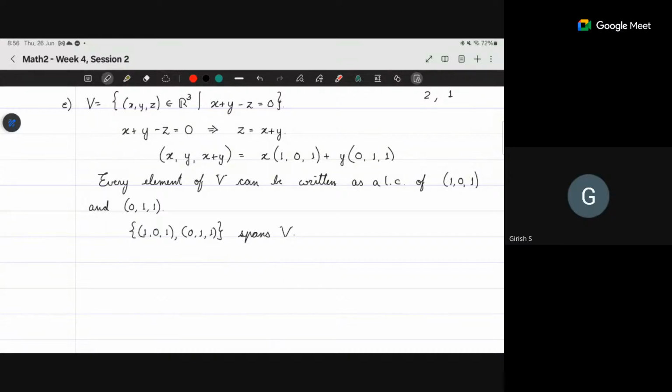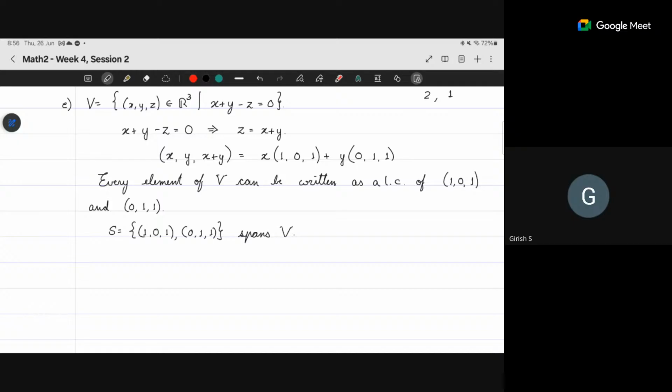Yes, sir. Why is it linearly independent? Because we cannot represent one vector as a scalar multiple of the other. Yeah, one is not a multiple of the other. This is a two-element set.